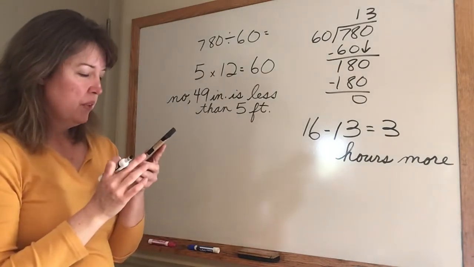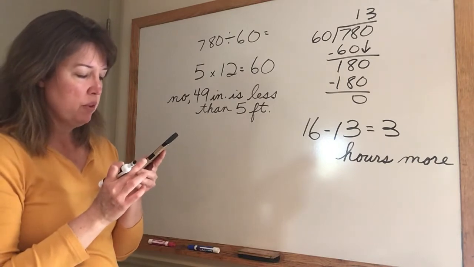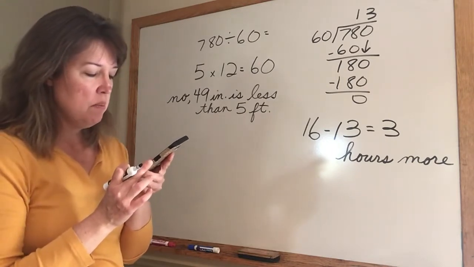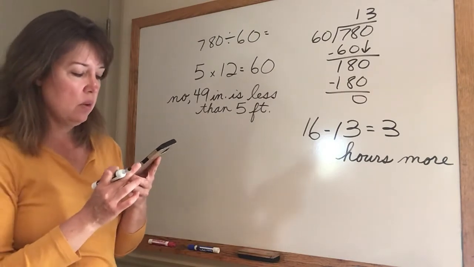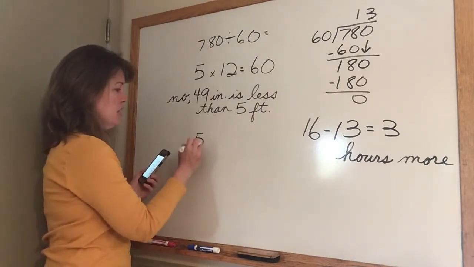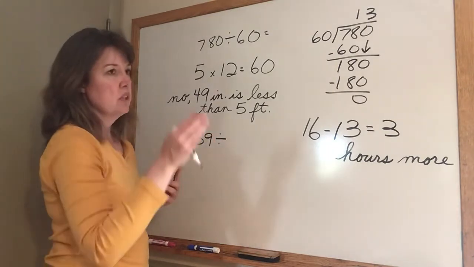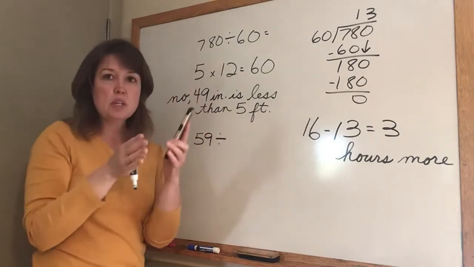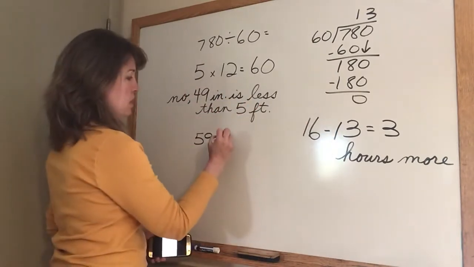Number 3, Mr. and Mrs. Nichols went on a mission trip to Brazil for 59 days. How many weeks were they gone? Okay, so 59 days, and instead of individual days, we divide them into weeks. So how many days are in 1 week? 7.